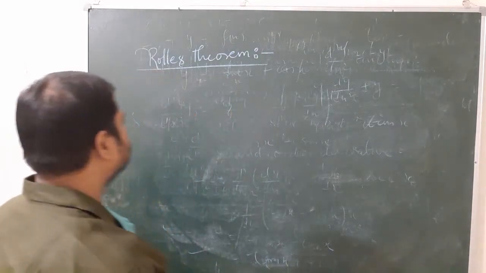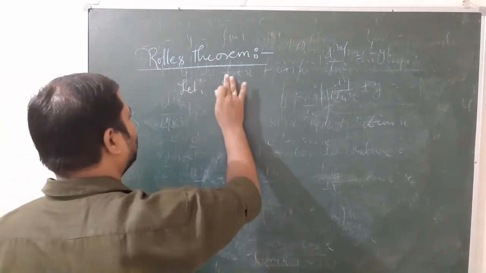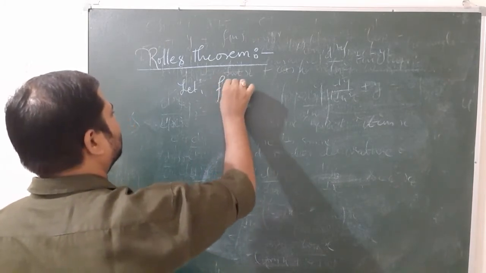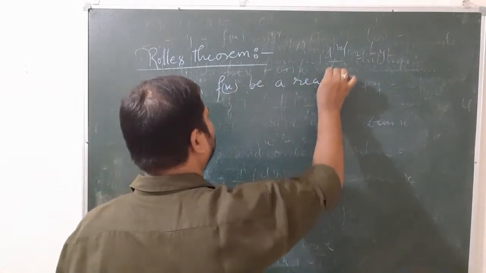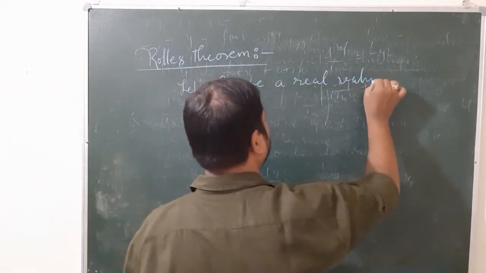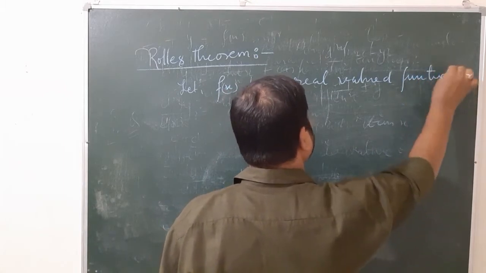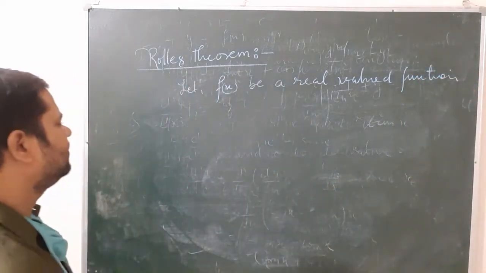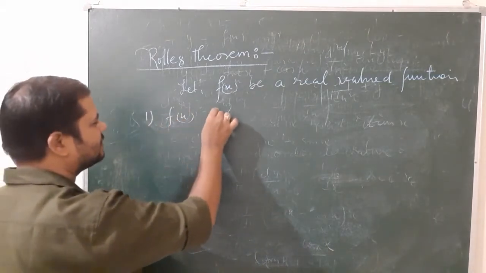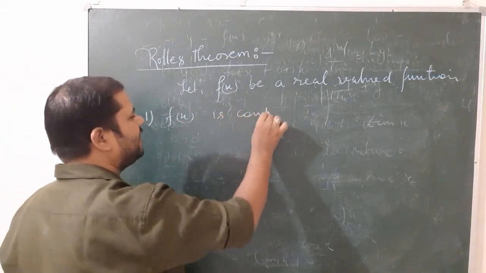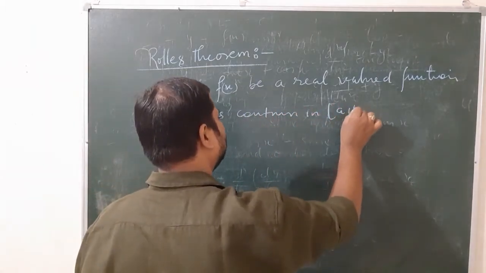Let f(x) be a real valued function. First, f(x) is continuous in the closed interval [a, b].